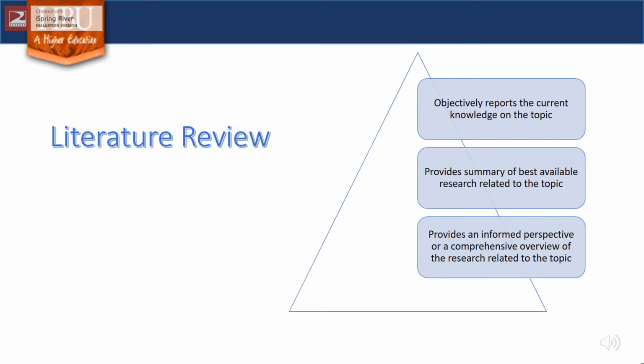It's the most thoughtful research, so I do want to point out, not every research piece that is somewhat relevant to the topic has to be included in the lit review. And maybe most importantly, the purpose of the lit review is to provide an informed perspective or a comprehensive overview of the research topic.